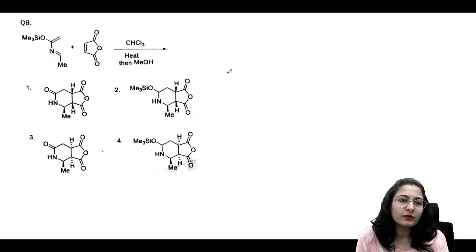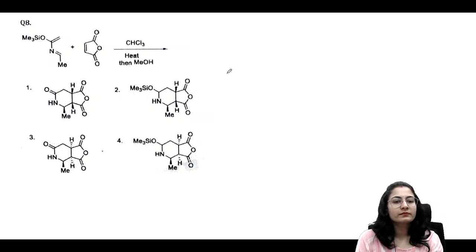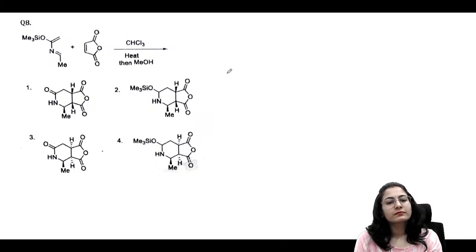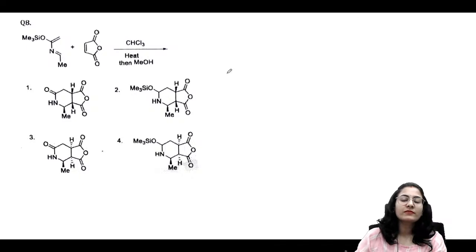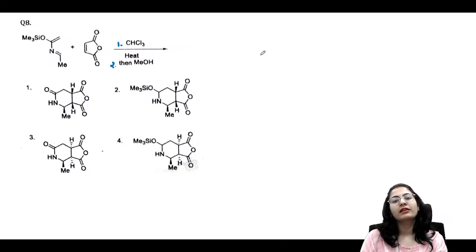Yes, what do we see over here? देखो, there are two steps. First step में chloroform and heat is given. Second step में methanol is given.